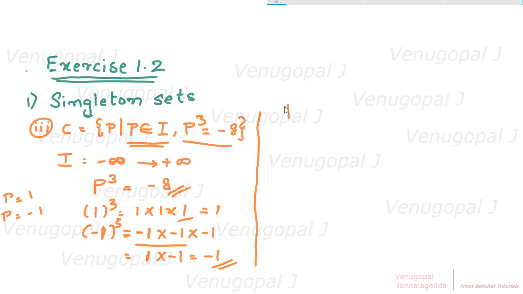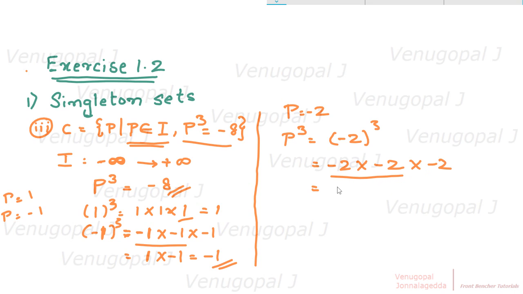Now consider P is equal to 2, and then P is equal to minus 2. Let's check: P raised to 3 is minus 2 whole raised to 3, which is minus 2 into minus 2 into minus 2.